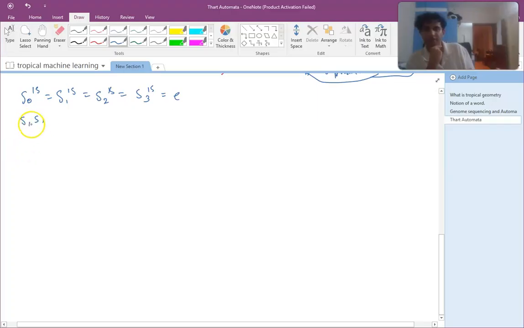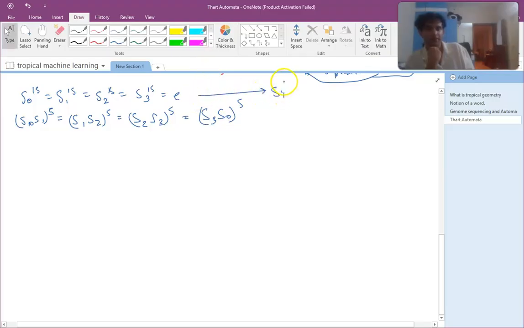S0 S1 the whole to the power of 5 is equal to S1 S2 the whole power of 5 is equal to S2 S3 whole power 5, which is equal to S3 S0 whole power 5. So this relation you can say with Si the whole power of 15 is equal to E for i belonging to the alphabet.